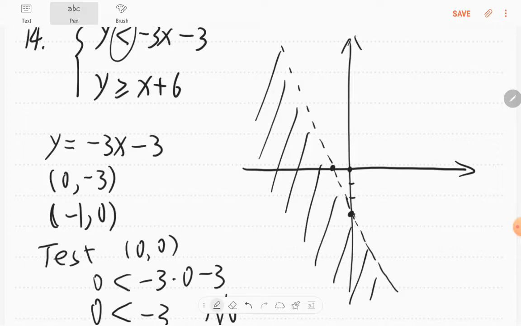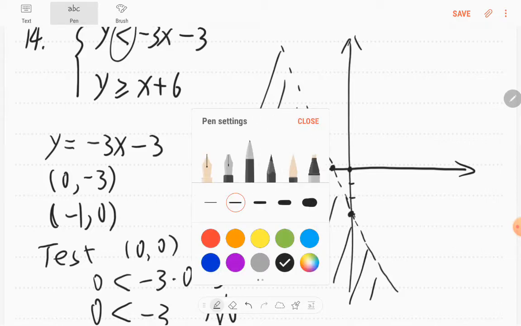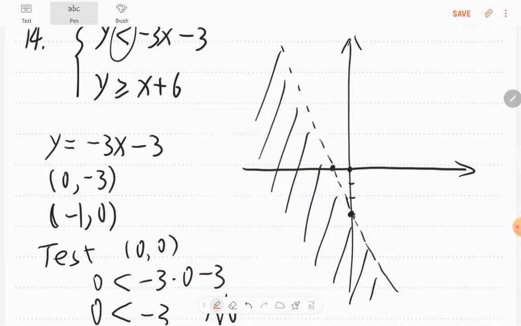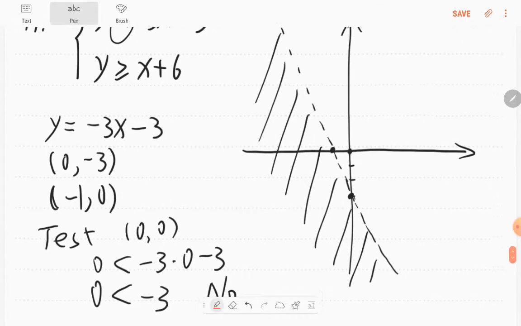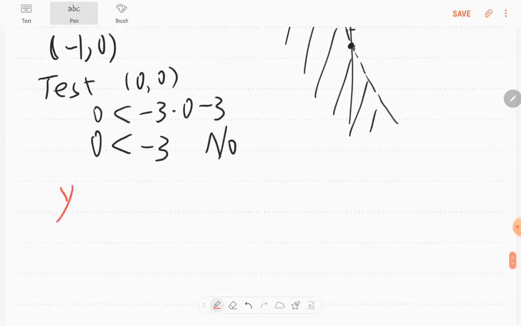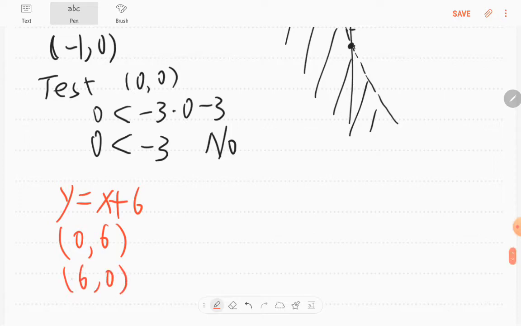Okay, so for the next one, we use another color. We want to draw the graph for y equals x plus 6. We need 2 points. One point is x equals 0, y equals 6, right? Another one is y equals 0, x equals -6.